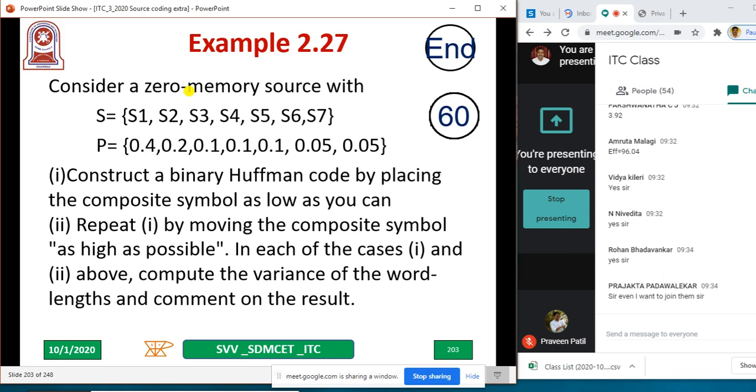Repeat step 1 on the same problem by moving the composite symbol as high as possible. One is as low as possible and the other is as high as possible. In each of the cases, 1 and 2, compute the variance of the word lengths and comment on the result.